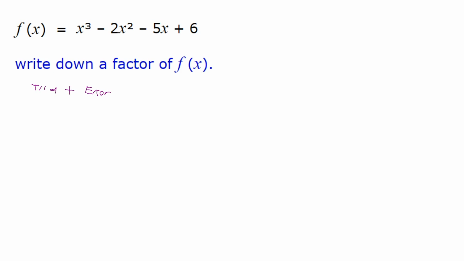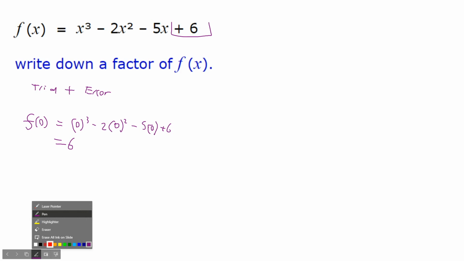So let's start with an easy example, 0. f of 0 is just going to be equal to 0 cubed minus 2 times 0 squared minus 5 times 0 plus 6, and that's just going to be 6. Now, I'm just using this as an example, but if you have a plus 6 here, it usually means that 0 isn't a factor.